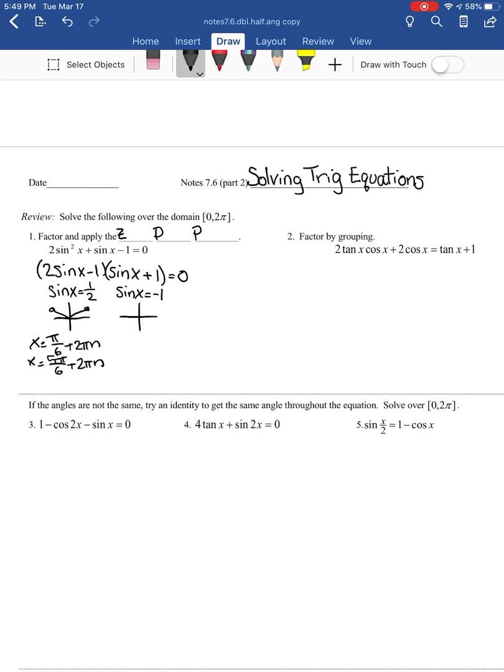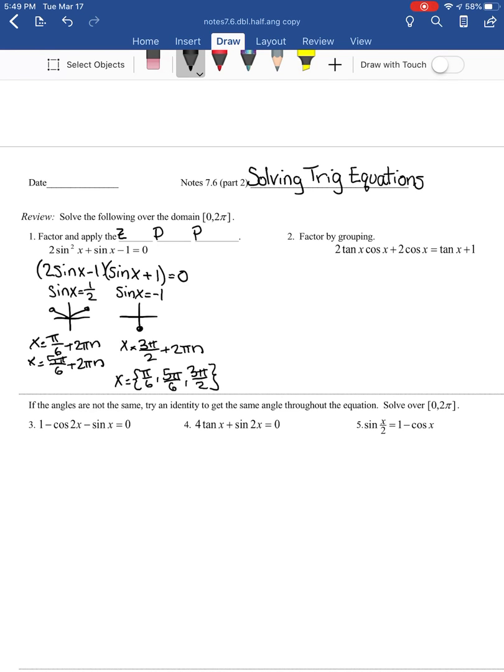Sine x equaling -1 happens only once on my unit circle, at 3 pi over 2 plus 2 pi n. It's only asking on the domain 0 to 2 pi, so I give my final answer as just my 3 from the unit circle: pi over 6, 5 pi over 6, and 3 pi over 2, in set notation, or the set of solutions.